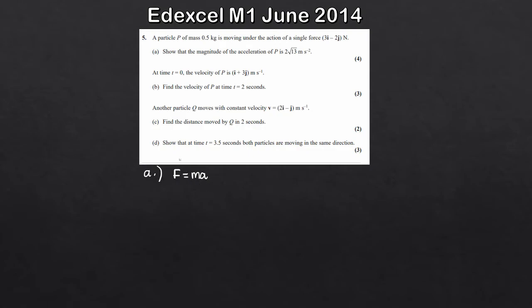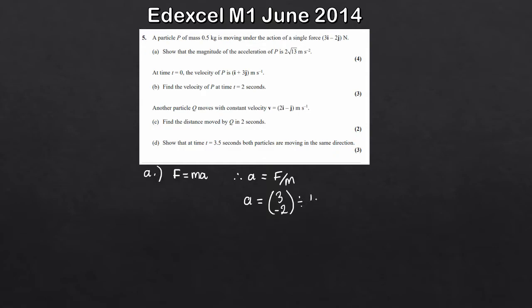Okay, so we've got the particle p, it's got a mass of 0.5 kilograms, and it's moving under the action of a single force. Okay, so we've got the force, we've got the mass, so in that case, the acceleration a would simply just be the force divided by the mass. So a is just simply going to be 3i minus 2j, because that's our force, divided by the mass of a half.